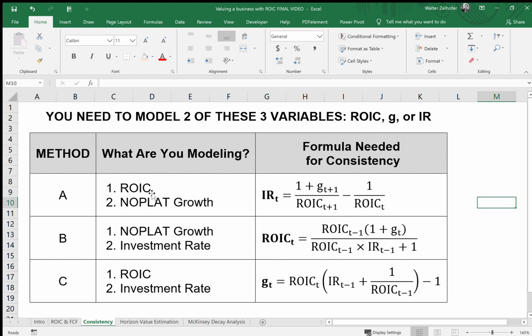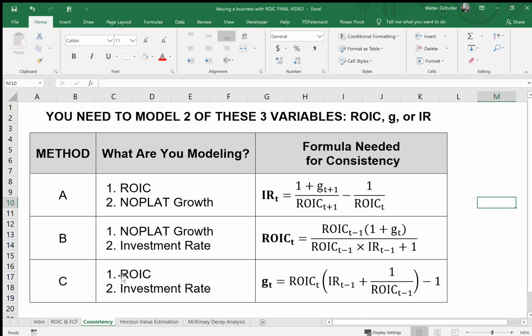If you are explicitly modeling the return on invested capital and your growth rate in your operating income, you need to match the investment rate to that using the first formula right here, which I'm calling method A. If you are modeling the growth in your net operating profits after tax and the investment rate, you need to make sure that your return on invested capital matches in each period, and that looks like this.